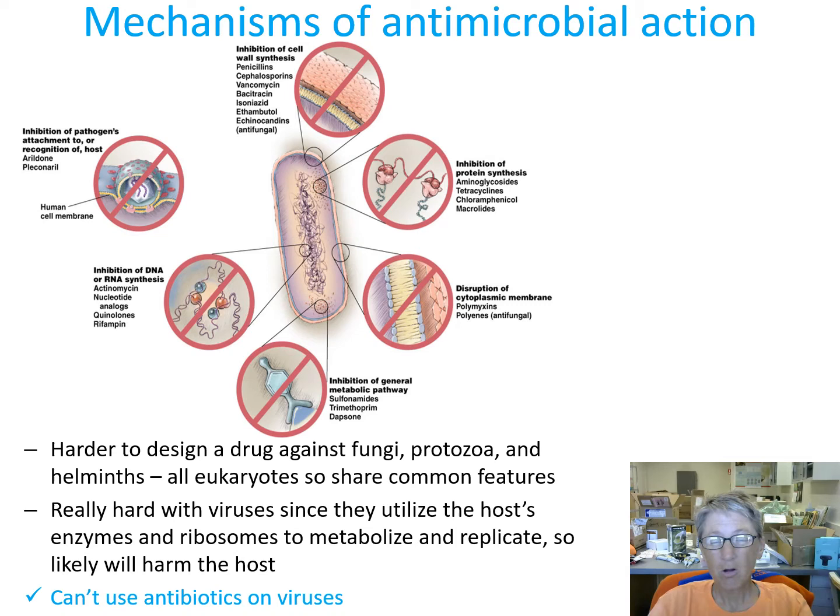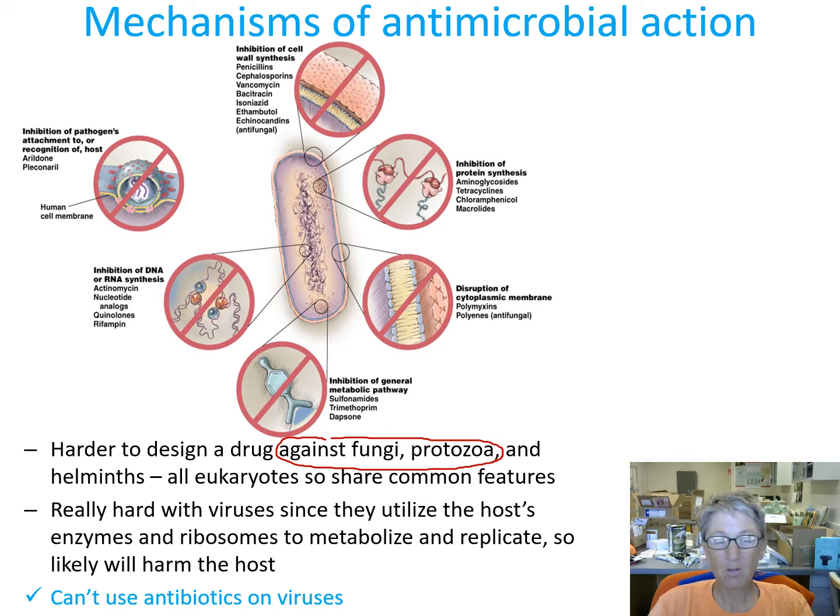So it's harder to design a drug against a fungus or a protozoan or a helminth because they're eukaryotes. We're eukaryotes. Fungi and protozoa and helminths, aka worms, are also eukaryotes. So you can't design a drug that destroys eukaryotic cells, because we all have those.